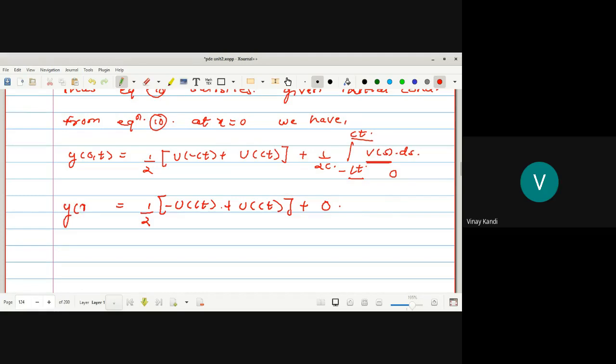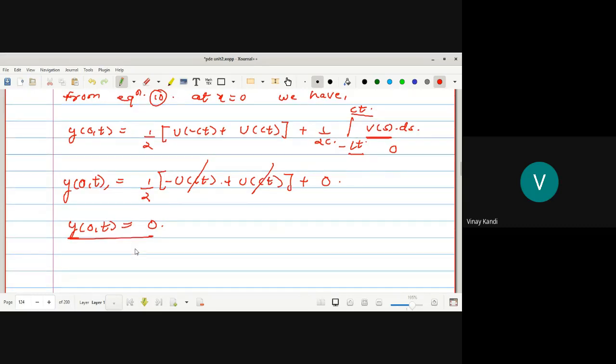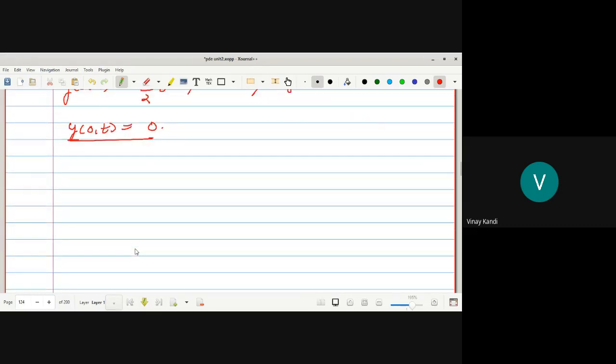Okay, so y of 0t is equal to, हे काय होईल, cancel होईल. So 0 plus 0 is 0. So initial at fixed point तुमचा deflection किती असेल, at x is equal to 0, 0. Okay, so hence equation 4 is satisfied. This is the condition number 4, boundary condition.